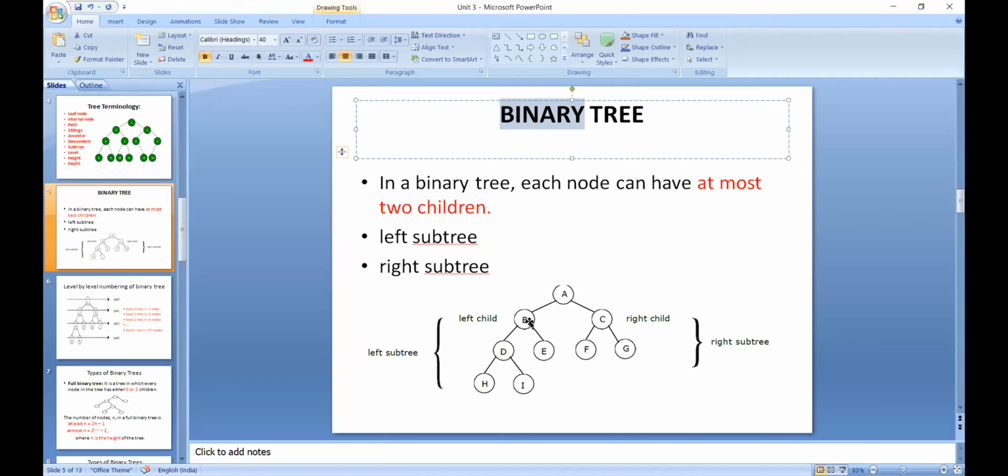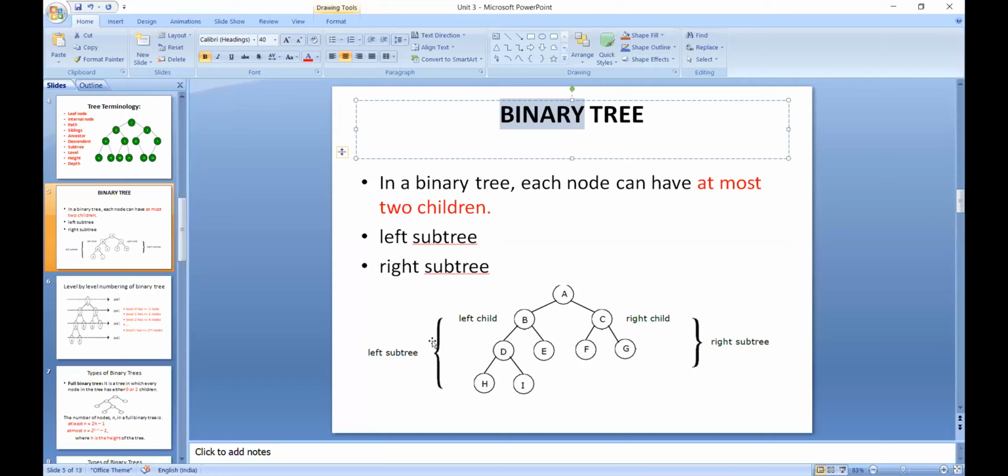When you take this B, it has 2 children. When you take E, it has no children, 0 children. So it can be a binary tree. This is the left child, this is the right child.